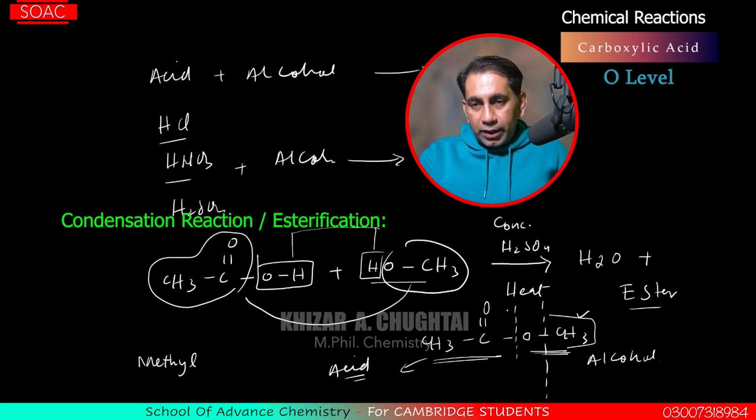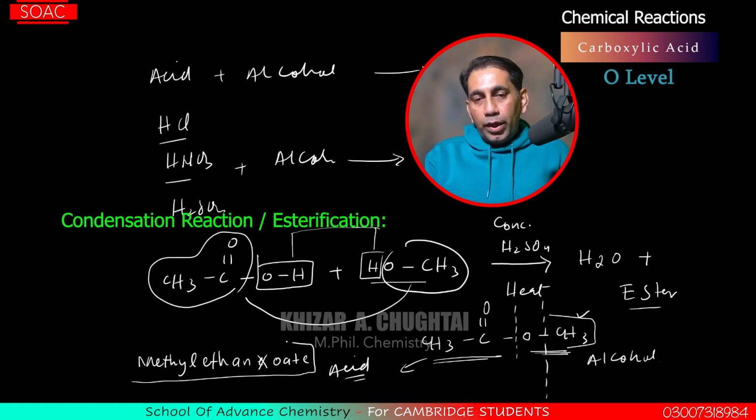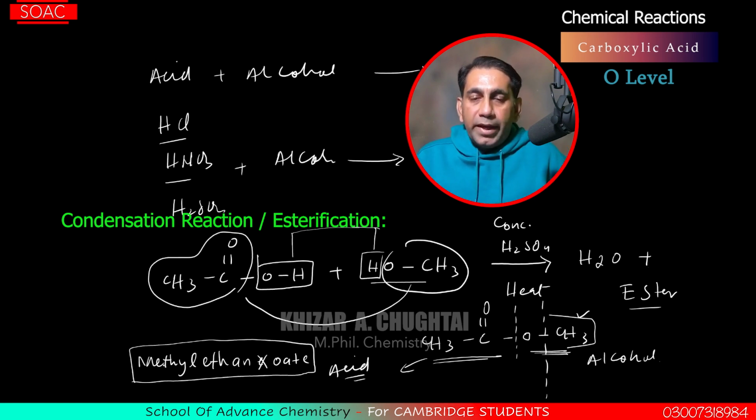Now I'm going to write the name of this portion that has two carbon atoms. A two carbon compound name starts from eth, and with a carbon-carbon single bond, it is ane, and after removing E, I'm going to add O, A, T, E. So its name is methyl ethanoate. It's the name of this compound that is called an ester.